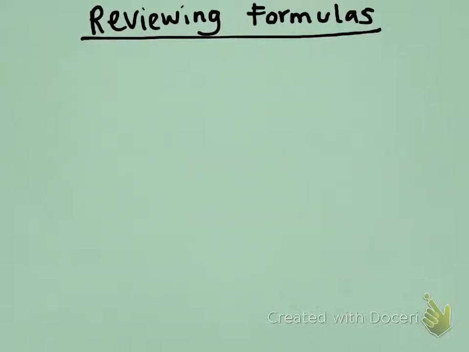The last section, we're going to review these formulas. I gave you about 2 new ones. If you have the formulas down, you should be able to find the area for these. Reviewing the area for a rectangle, it is length times width.